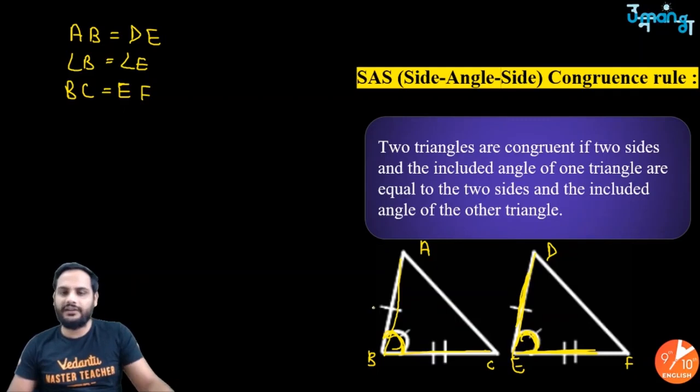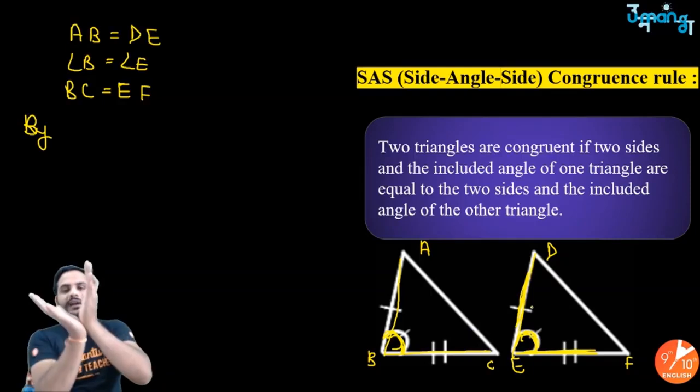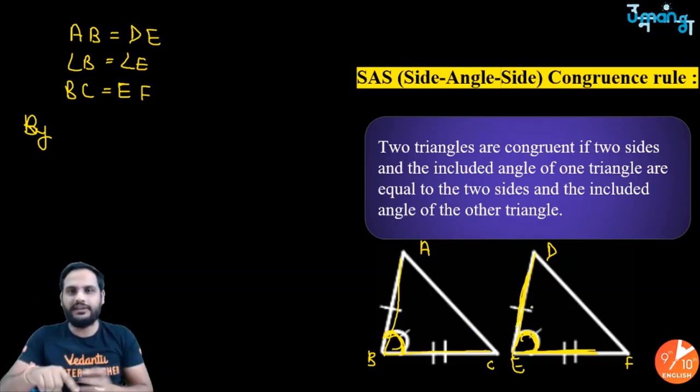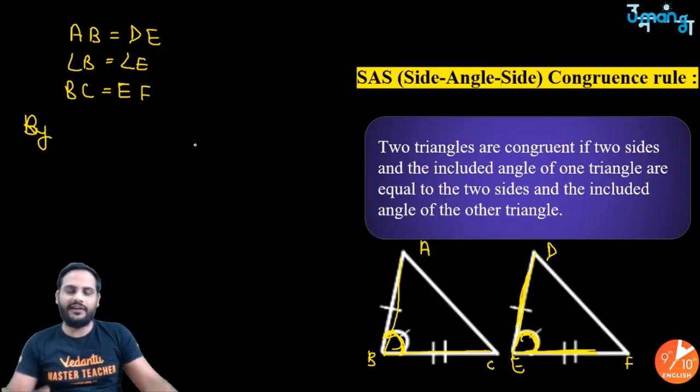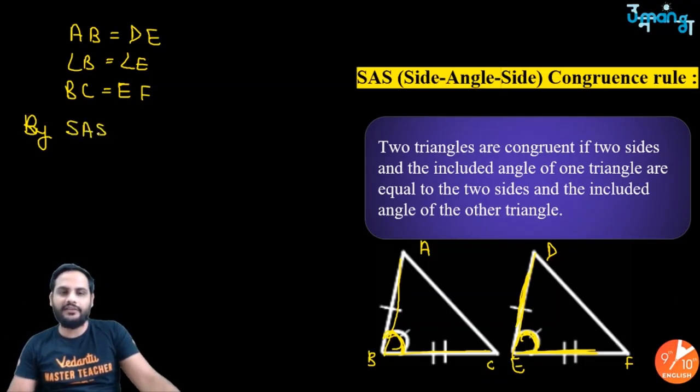So if it is given side angle side, SAS rule, so if any triangle is satisfying this criteria, that is two sides and the included angle equal to two sides and included angle of another triangle, then I can say, sir, by SAS rule, triangle ABC is congruent to triangle DEF.